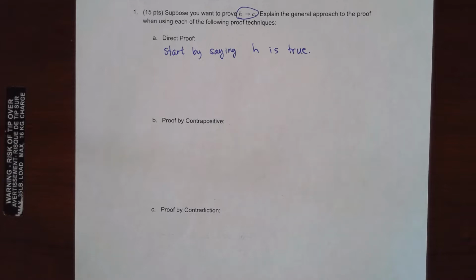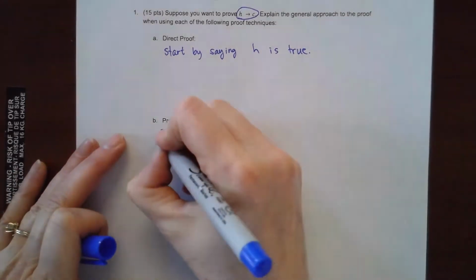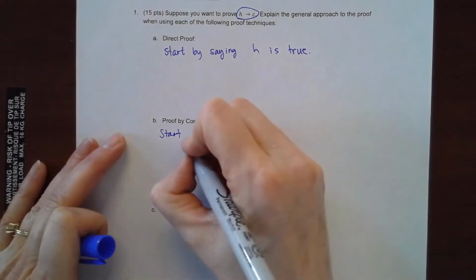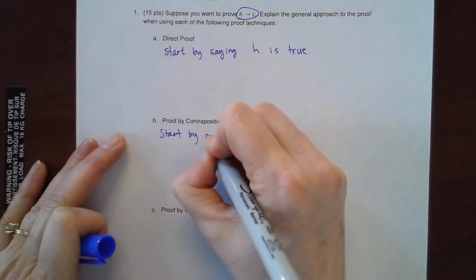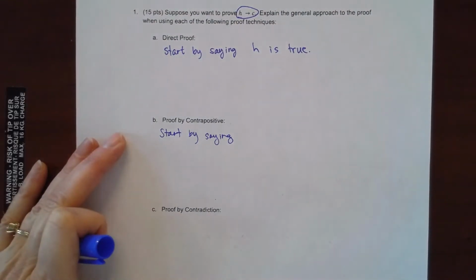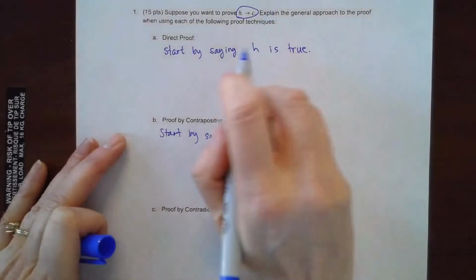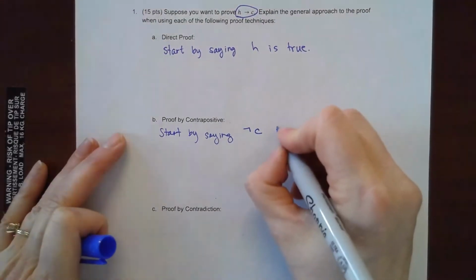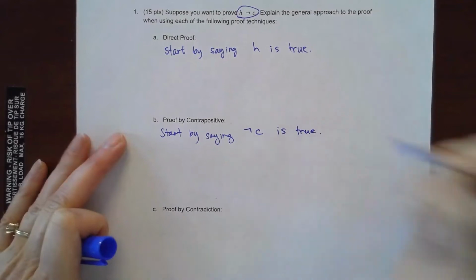For a proof by contrapositive, I'm just going to go on the starting point so you can see that they're different. Because I'm doing a proof by contrapositive, I start by saying that the opposite of the conclusion, so not C, is true. So that's where I start on that one.